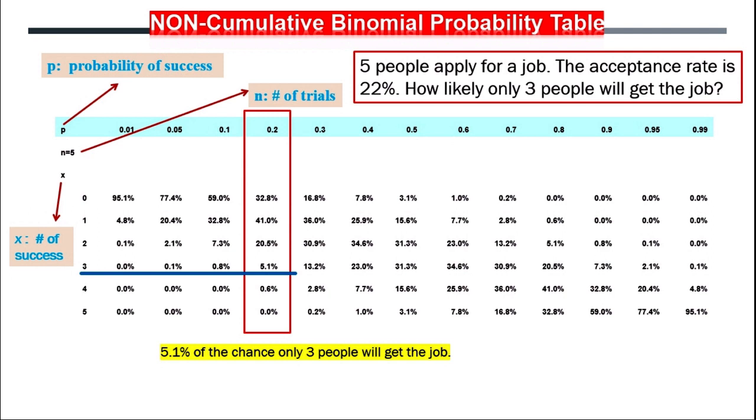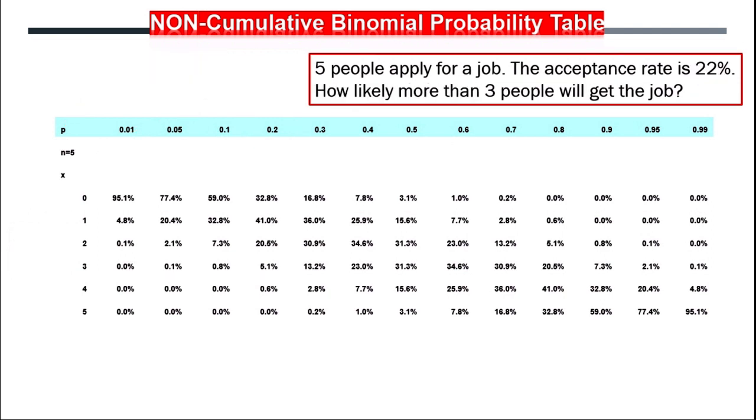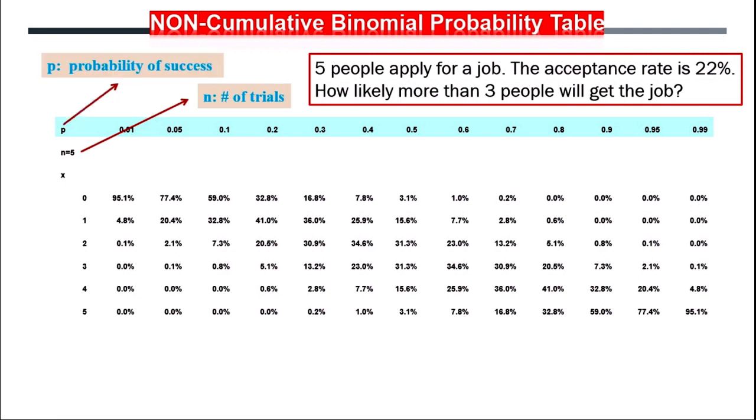Now we can use the example and table to figure more cases. How likely is it that more than 3 people will get the job? Again, n is 5. p is 22%, close to 0.2.